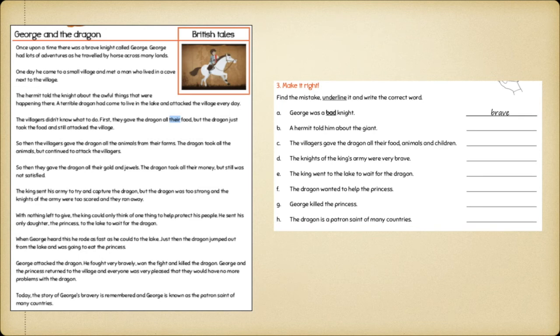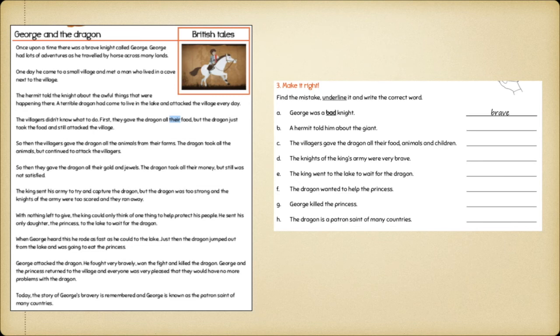E, the king went to the lake to wait for the dragon. Did the king go to the lake to wait for the dragon? If he didn't go, who did? F, the dragon wanted to help the princess. Did the dragon want to help the princess? Is that true? What did the dragon really want to do?